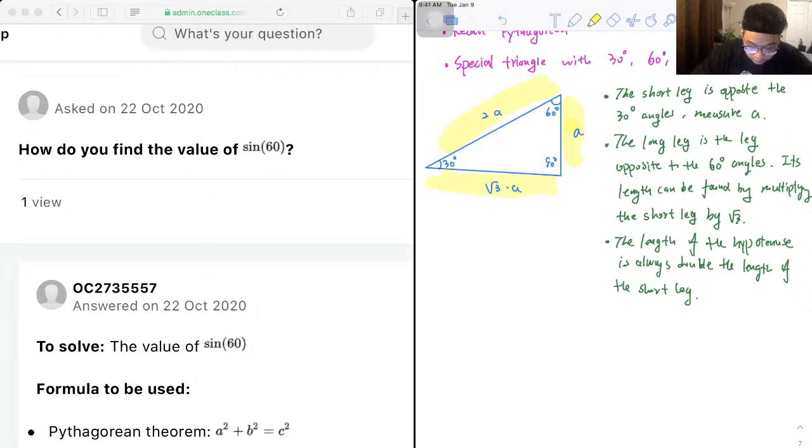So that's like a double of the short leg, because the short leg is a, so the hypotenuse will be 2 times a, which is 2a.